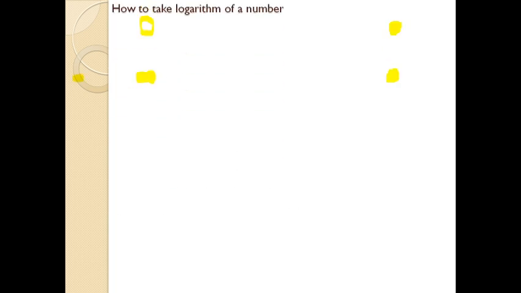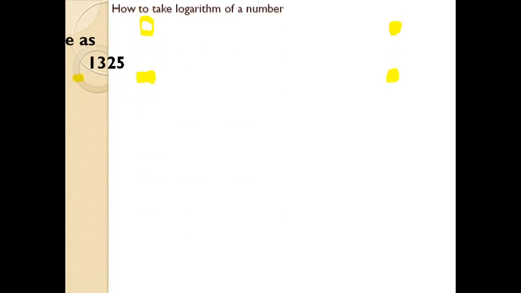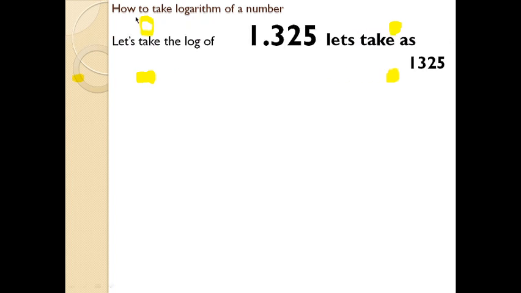Okay. How to take logarithm of a number? Previously, we were coming across a number that is 1.3250. For the time being, we can use that number as the example. Here the number was 1.325.